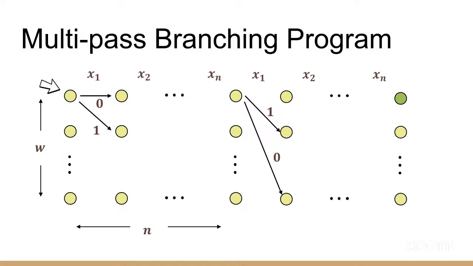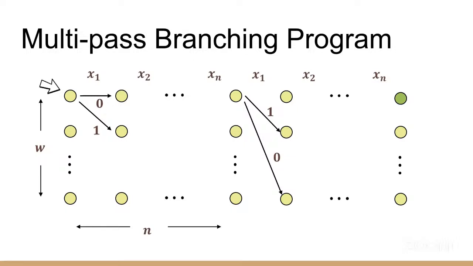So this is about the definition of a read-once branching program. How many times are we allowed to get back to the second layer? If you are considering two-pass branching programs, then you will do it twice.